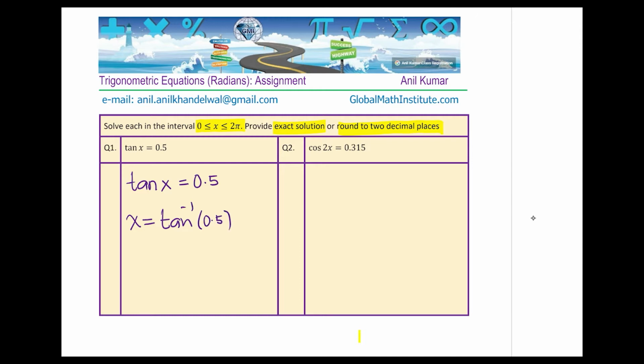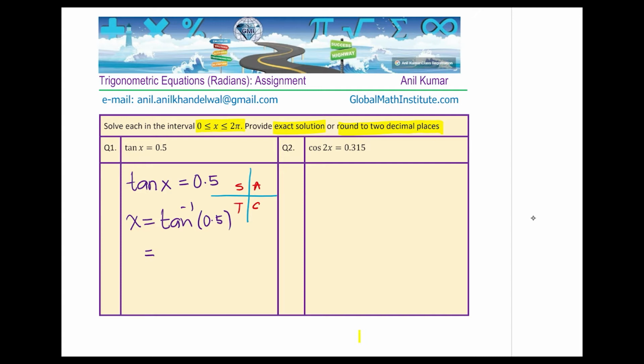And we can use the calculator, find the answer. However, we need to understand one thing very clearly, that there are actually two answers for this within 0 to 2 pi, correct? So how do we find both the answers? So here I would like to make a small sketch, coordinate plane, and we know in a coordinate plane the cos rule.